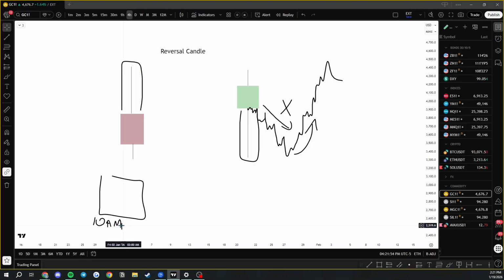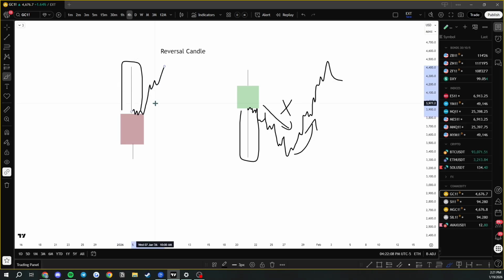For a reversal candle, let's go back to the if-then statement. If we have a strong opposing wick, and what do I mean by opposing wick? I mean that if price's true intention is to go down, then it's safe to say that this move up was the manipulation.